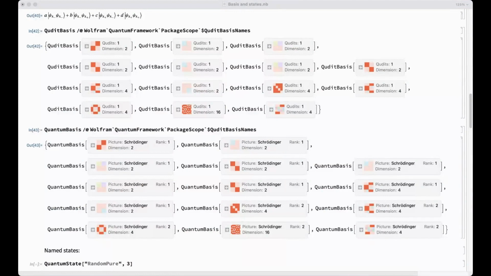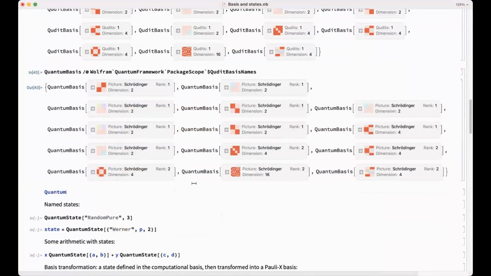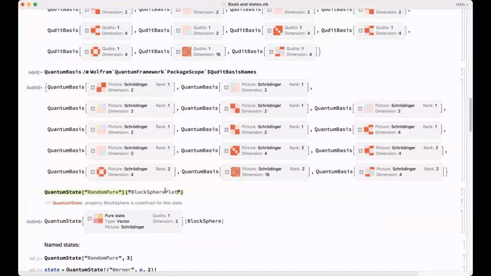Is it possible to see this basis in Bloch sphere representation? Sure, there's a property for quantum states. If you have a random state, you have a Bloch sphere plot, I think, or just BlochSphere.